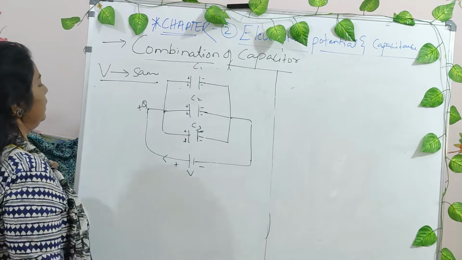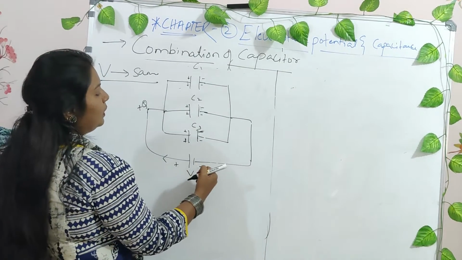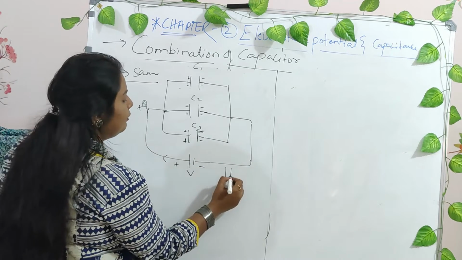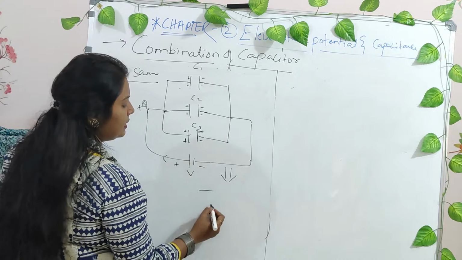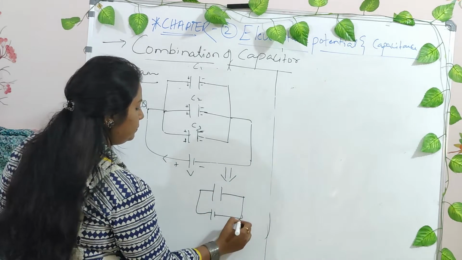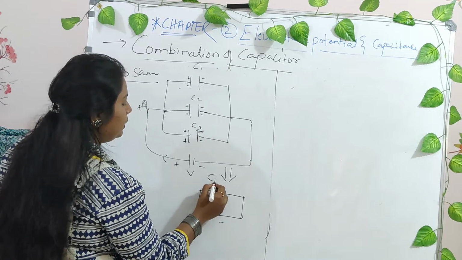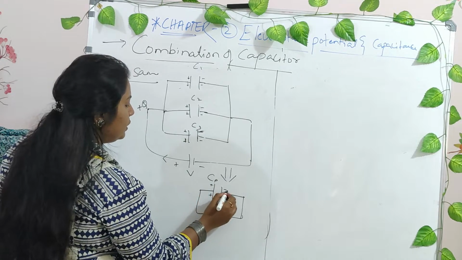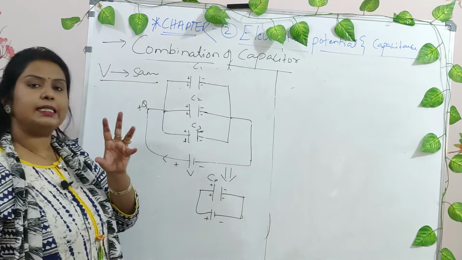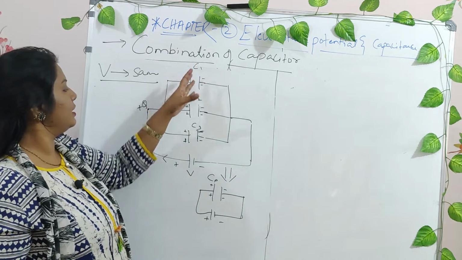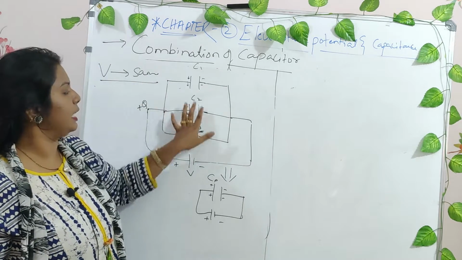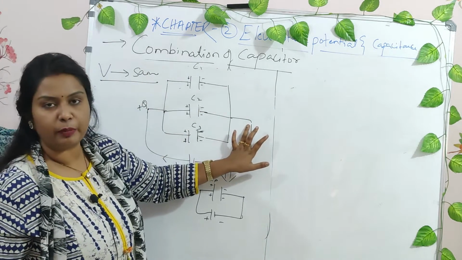Now if you want to convert this into the equivalent diagram or equivalent capacitor, then you write it as positive, negative, parallel, positive and negative, right? I said the storage of the charges is different for all 3 capacitors, but the potential remains the same. Why? Because they are connected to the same terminals, right?